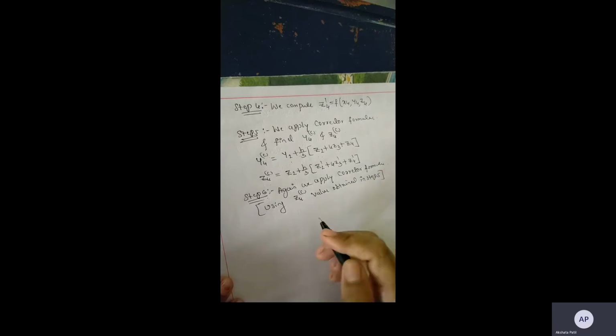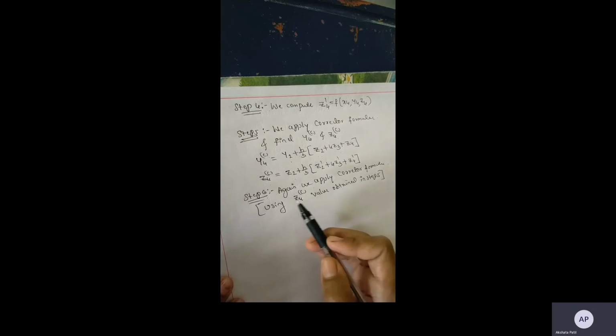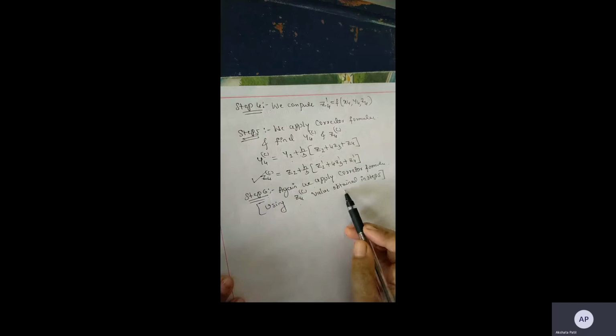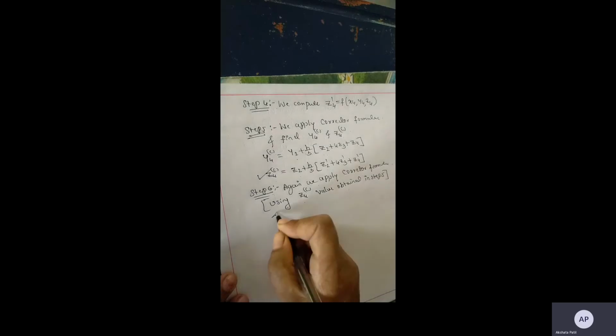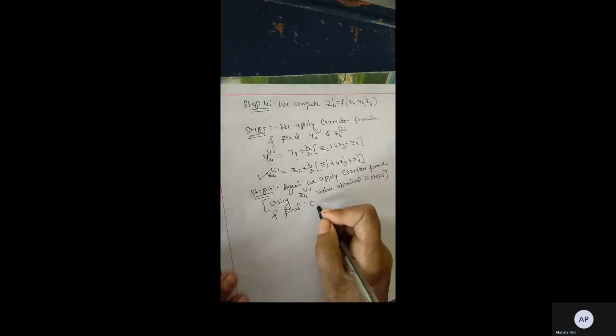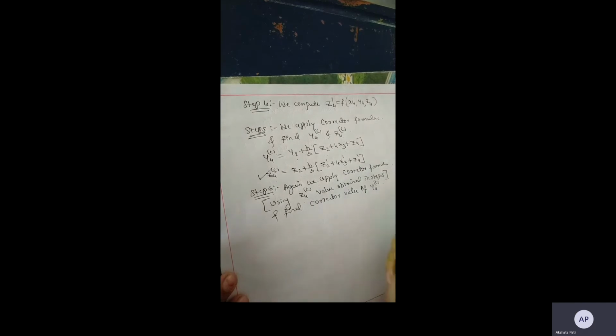So we again apply the corrector formula using this z4 value obtained in step 5, and find the corrector value of y4 of c.